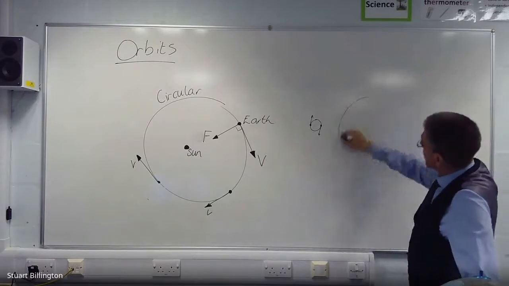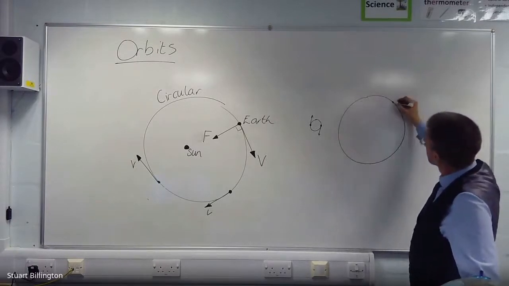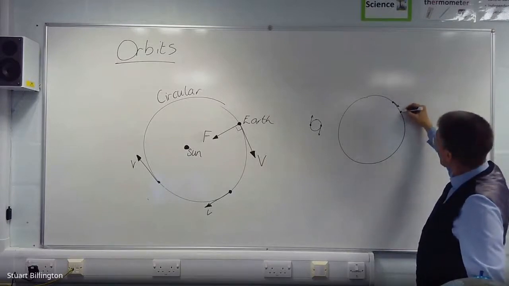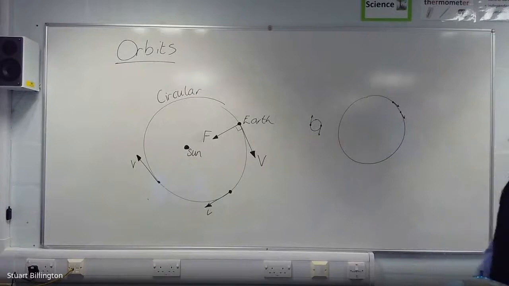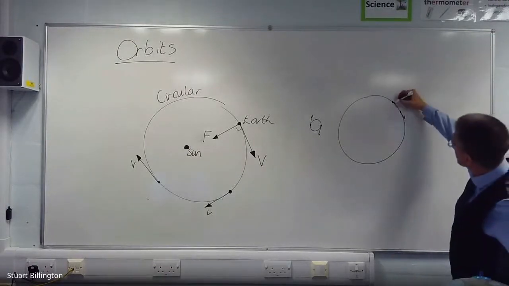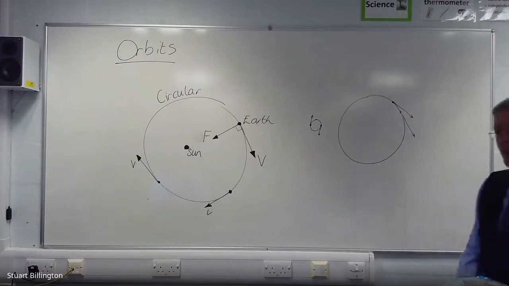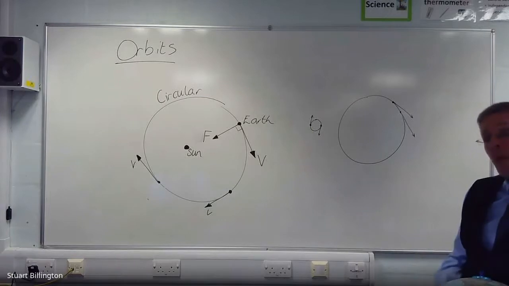But if you think of a bigger circle, an object traveling at exactly the same speed might only get to there in, can't really see those arrows, can you? Let me draw it bigger. Might only get to there in the same 1 second.